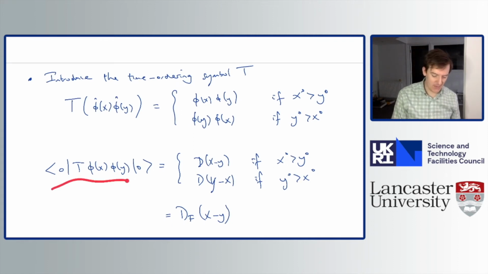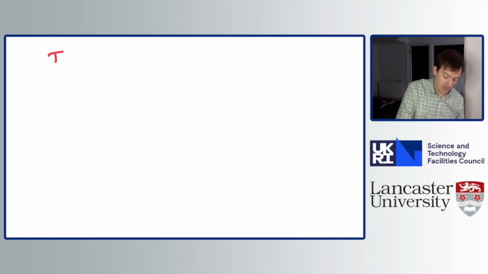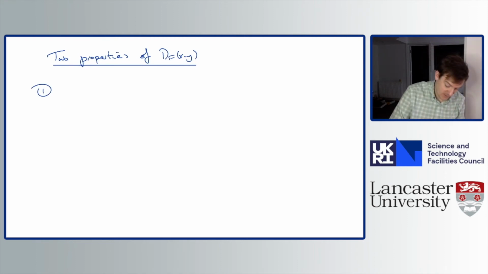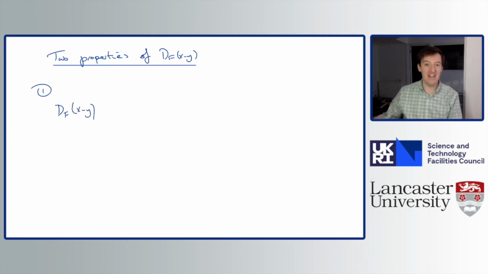This is the way that we're going to use most of the time, using this nice time ordering symbol introduced by Dyson. Next we want to discuss two important properties that this Feynman propagator satisfies. The first property is that we can rewrite the Feynman propagator in another way.